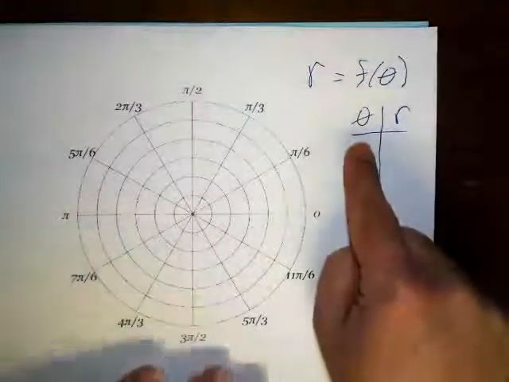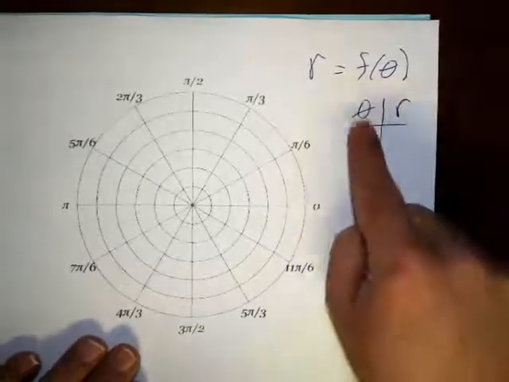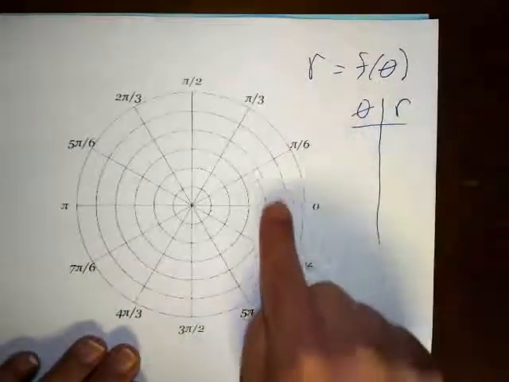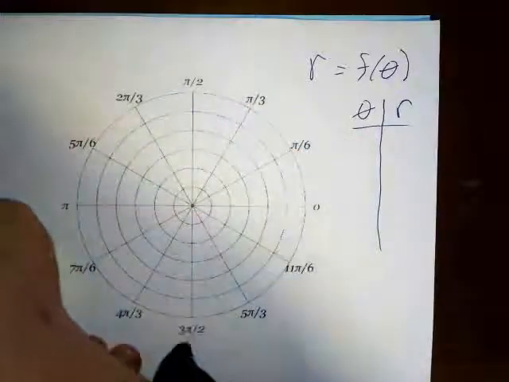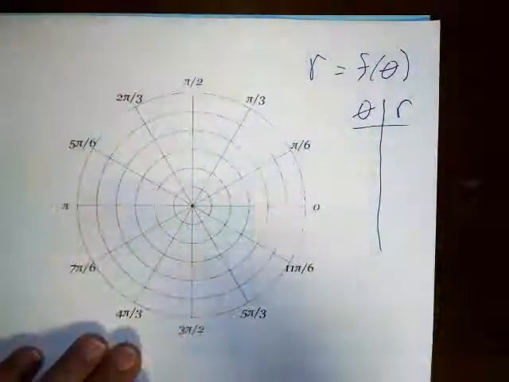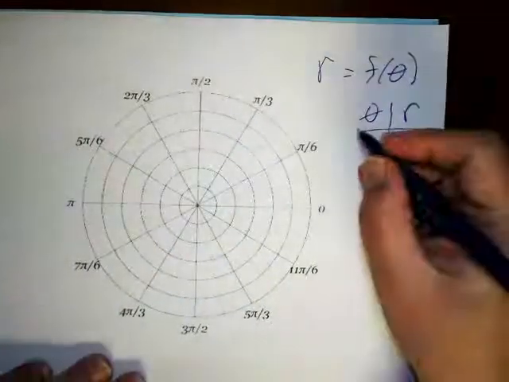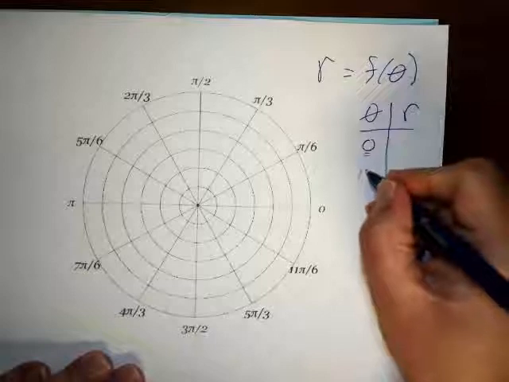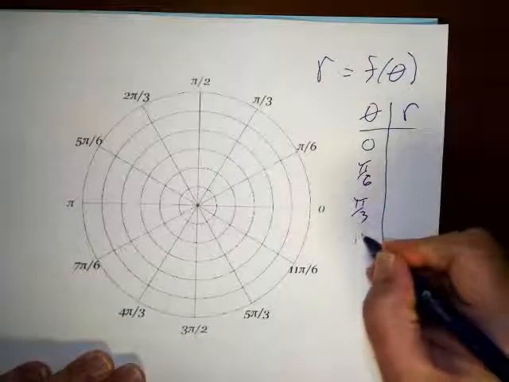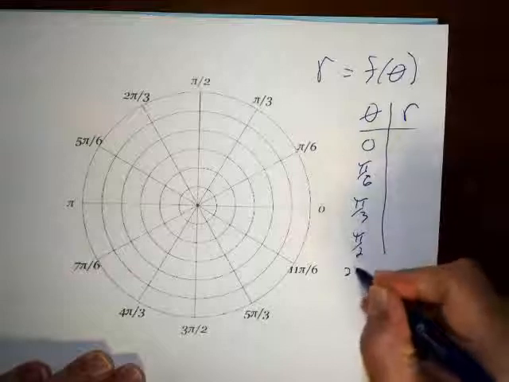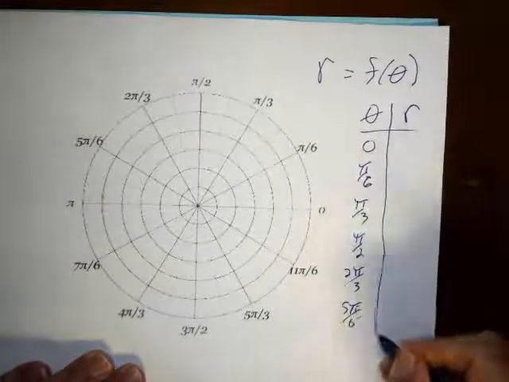One thing you could do, and I'm not going to take a whole lot of time to do this, is put in different angles. Like I could put 0, pi over 6, pi over 3, pi over 2, 2 pi over 3, 5 pi over 6, whatever it is.